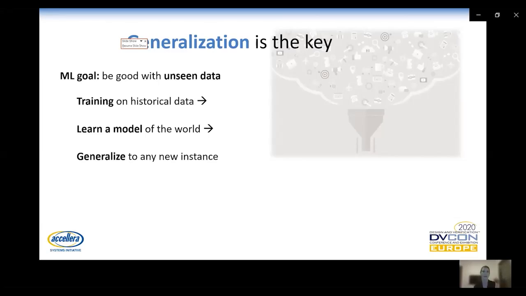It's not a one-time task, meaning that from time to time we will need to retrain the model in order to make sure that the accuracy level is maintained over time as new data comes into the system, and we need to reflect that in the generalization of our model.